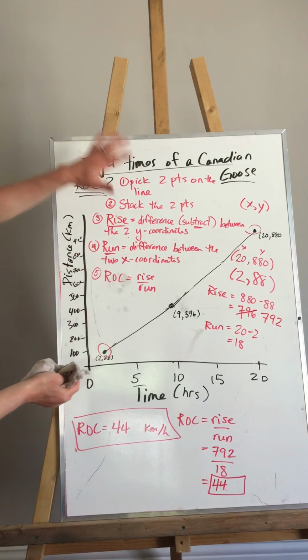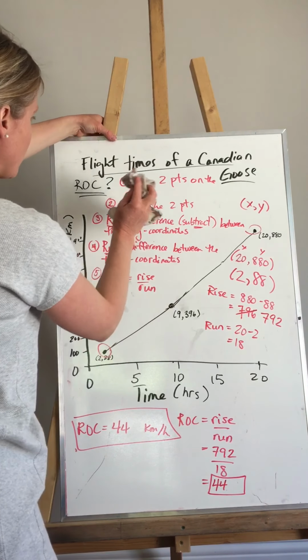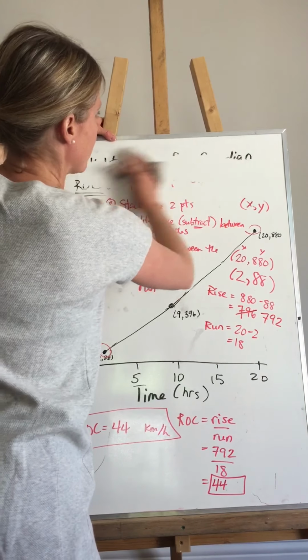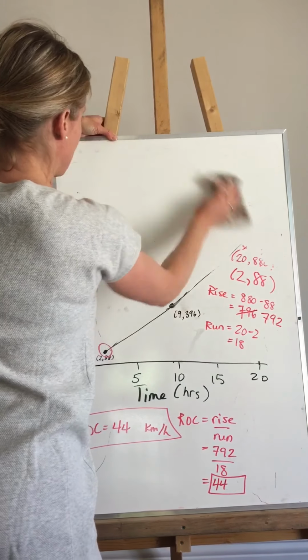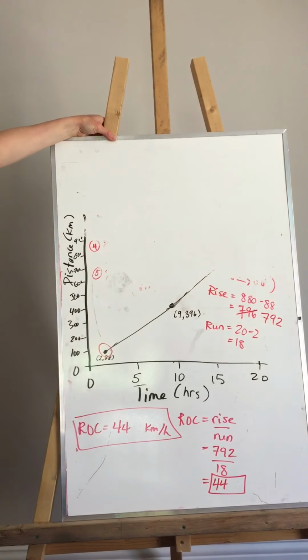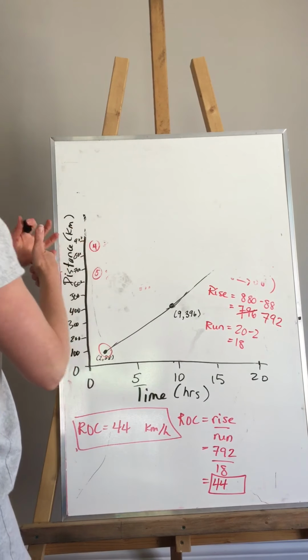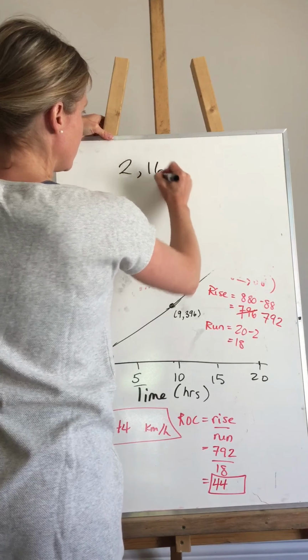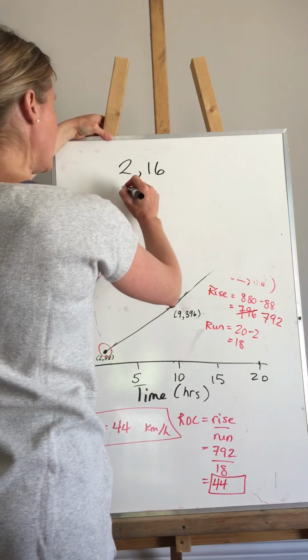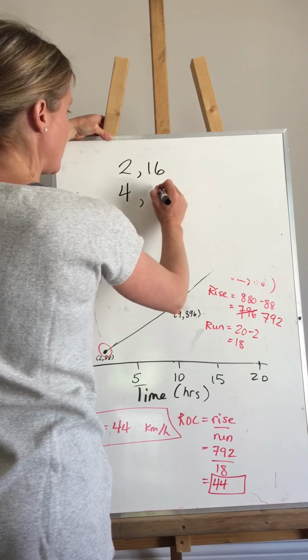So you've calculated your rise and your run. I just want to make one note. I'm just going to erase part of this so I can write here. Let's say you have a point on a line that is (2, 16), and another point that is (4, 8).